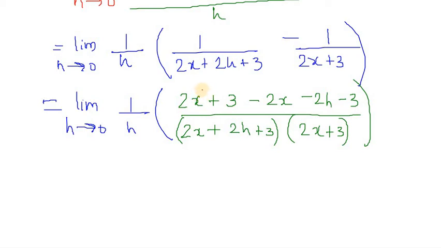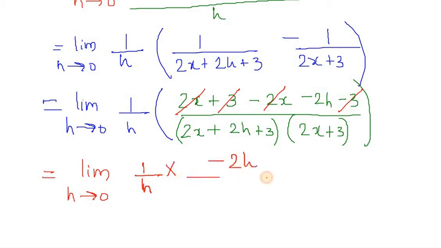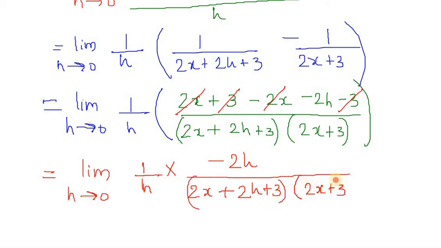Simplifying it further, what do we get? 2x minus 2x plus 3 minus 3. So we are left with limit h tending to 0, 1 upon h multiplied by minus 2h upon 2x plus 2h plus 3 into 2x plus 3. h gets eliminated. Okay.